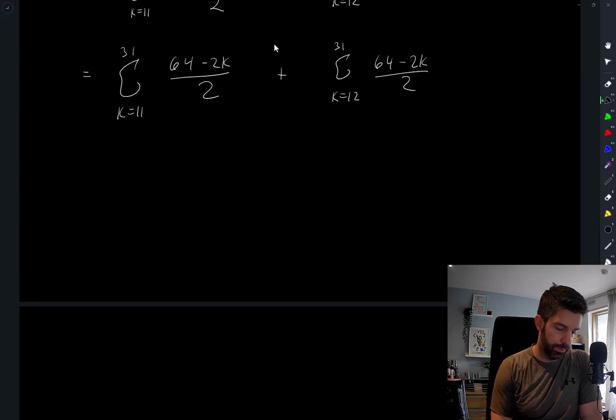This first one, so it's an arithmetic sequence or arithmetic series. How many terms are in this thing? 21. The first term is 64 minus 22.